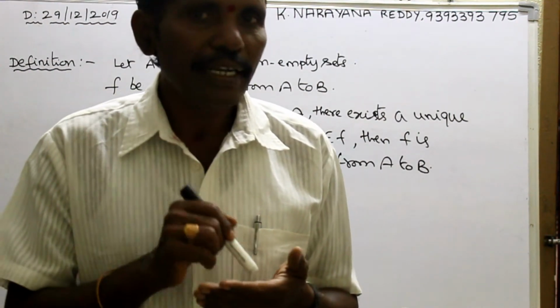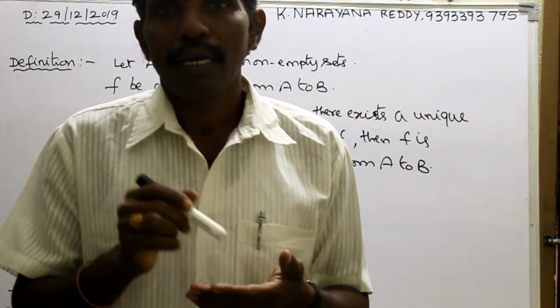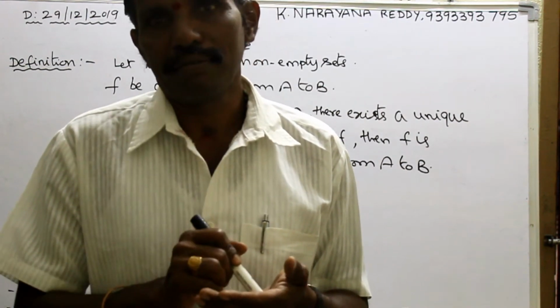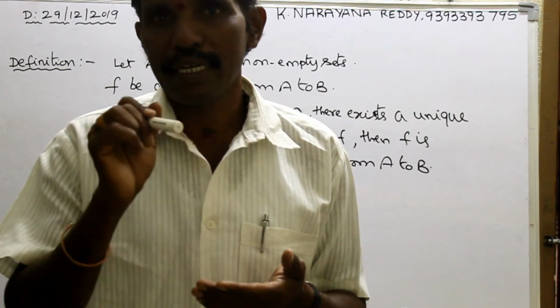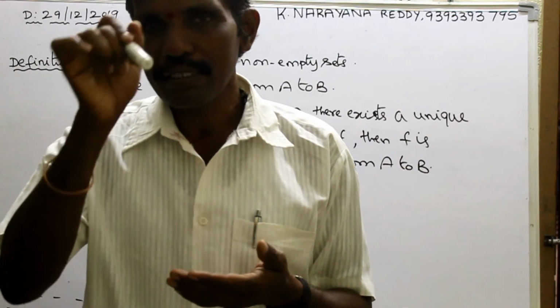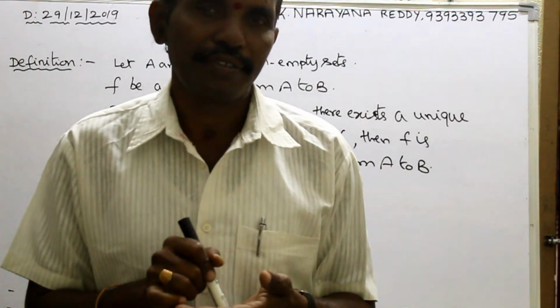For each element means each and every element in A should be taken under consideration in mapping from A to B. That is an important point which you have to observe.